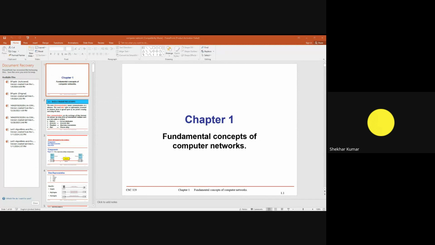It is simply a connection of either two different computers or more than two computers for transferring the data from one place to another place, one location to another location. Then you use the computer network. That is your computer network.